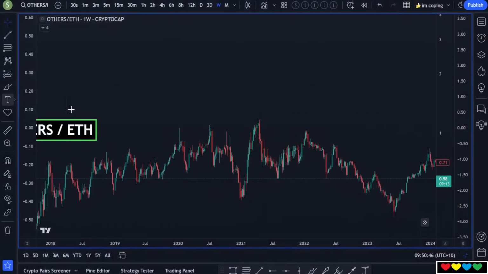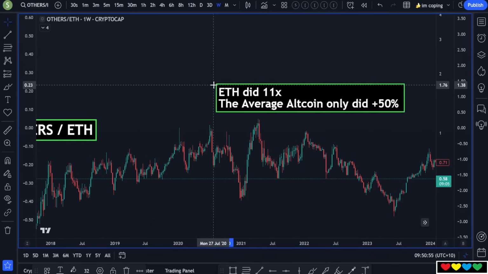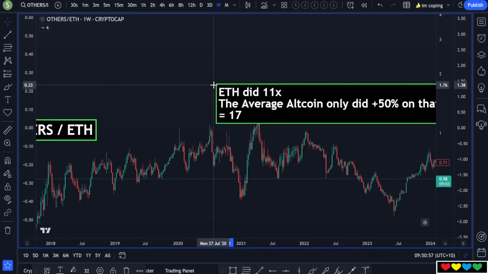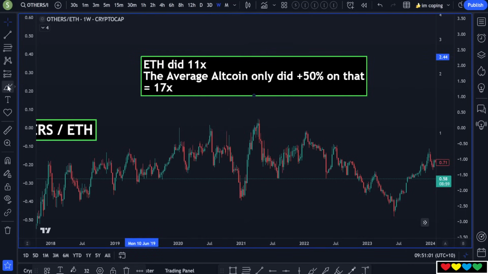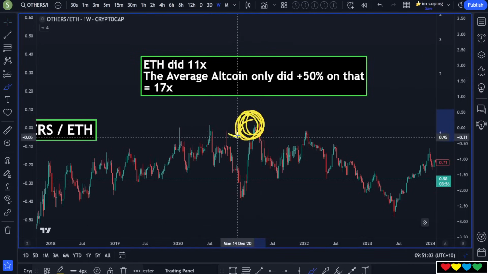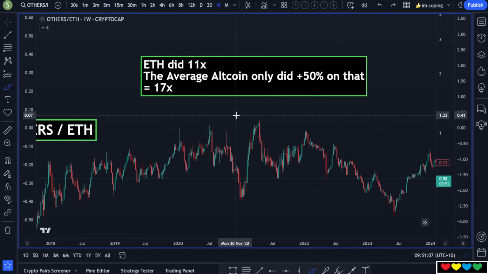That's disgusting because back then Ethereum was $350. ETH did 11x, right? The average altcoin only did plus 50% on that, equals 17x, around there. But Ethereum was in its second cycle here. All right, you don't have that luxury anymore. Ethereum was $350 here. Now it's $3,500. It's literally 10x higher.